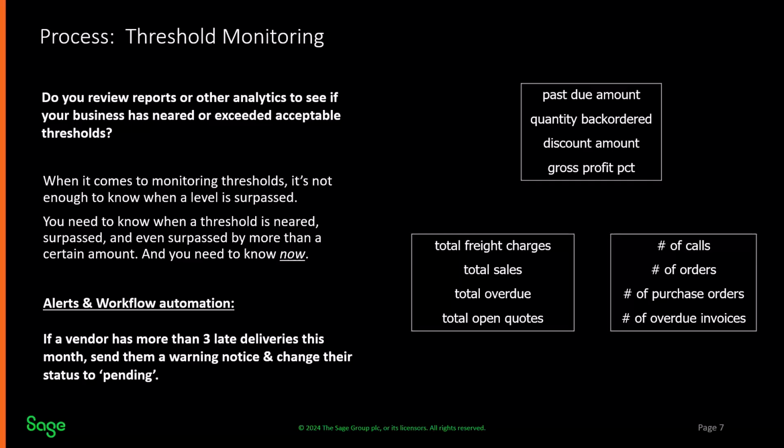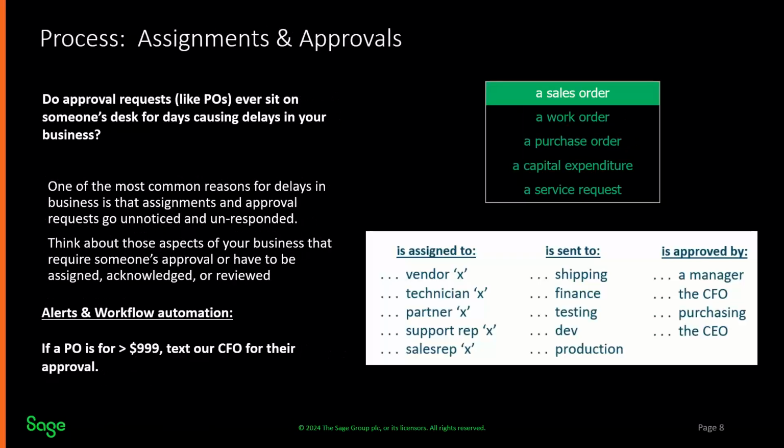So if there are particular things that make you not sleep at night or worry about, let's get the software to send those to you so that you're not having to spend time digging to find it or paying someone to go and get that information for you. So threshold monitoring is a great way to keep in mind that, yes, we're flying within our KPIs that we've set out for our business.